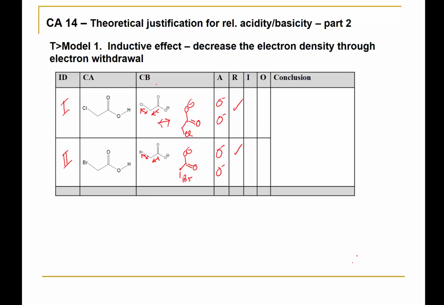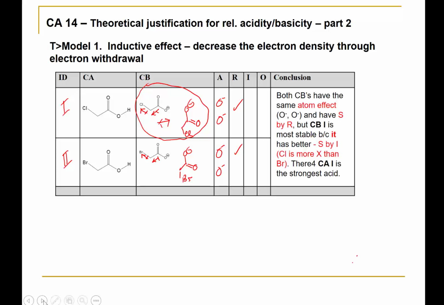So I would argue, therefore, that this conjugate base number 1 would be more stabilized. I can put that as a conclusion in the following way. Both conjugate bases have the same atom effect, O negative and O negative, and have stabilization by resonance. But it's conjugate base 1 that's the most stable because it has better stabilization by induction.